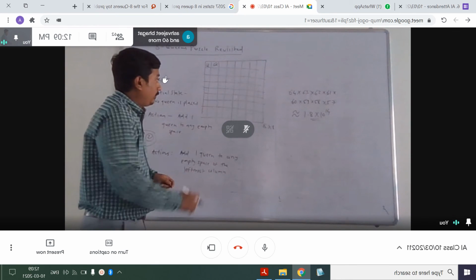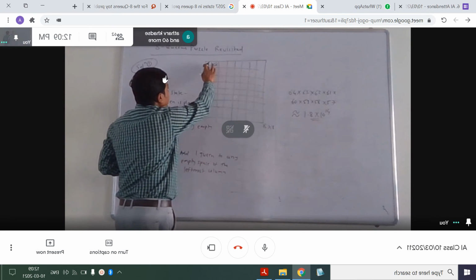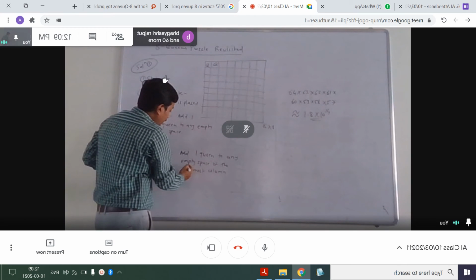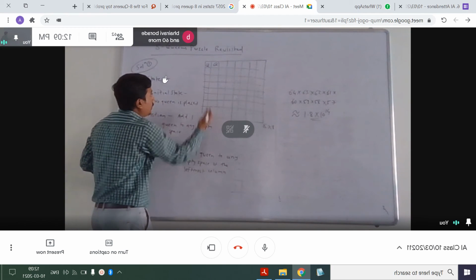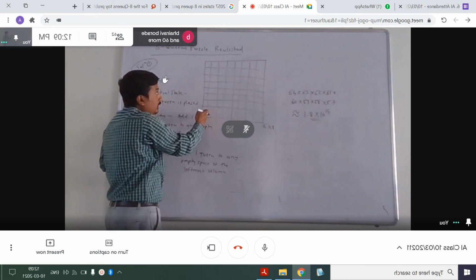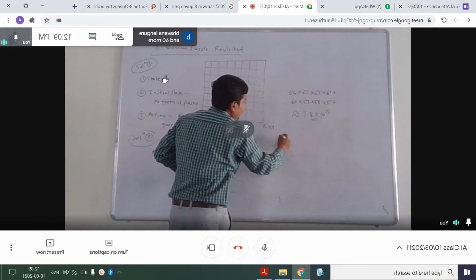So I am going by column now. I will place my queen in any empty space of the leftmost column. Initially my leftmost column is this first column. I can place my queen anywhere, so I have 8 options possible.